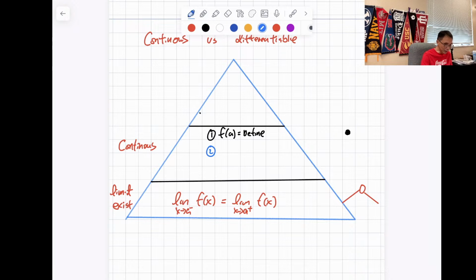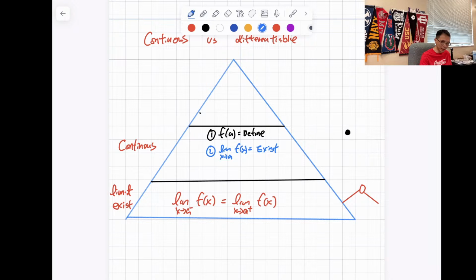The second one, what is the second one? What's the second condition, Amara? No. The limit as x approaches a of f of x exists, which is the bottom part here.